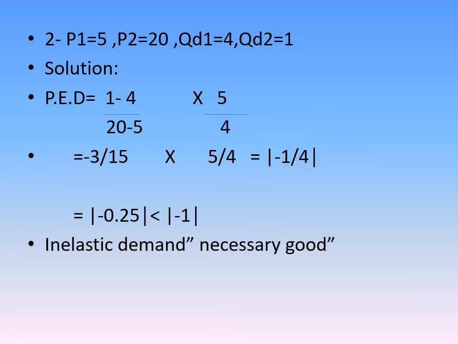A quarter, of course, is less than 1. So what is the type of this price elasticity of demand? Because it's less than 1, it is inelastic demand. Again, a refreshment: what are the types of products for PED less than 1? They are necessary goods like oil, rice, bread, the necessary goods that the consumer depends on in his life.